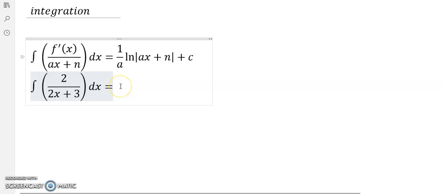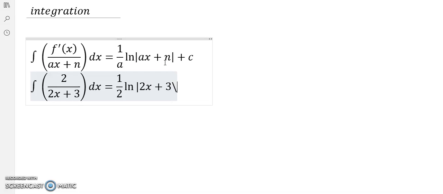So the answer to this will be 1 over 2, because the value of a is 2, ln the absolute value of 2x plus 3, because we have ax plus n. So we're gonna get 2x plus 3, the absolute value, plus the constant c.